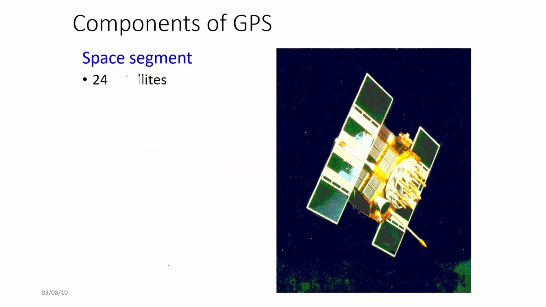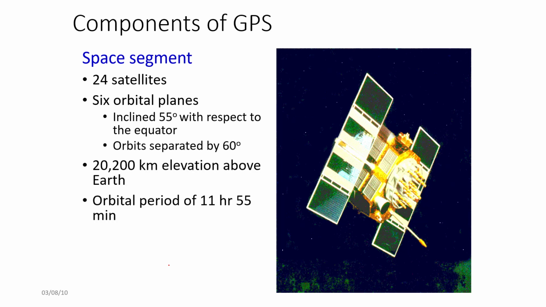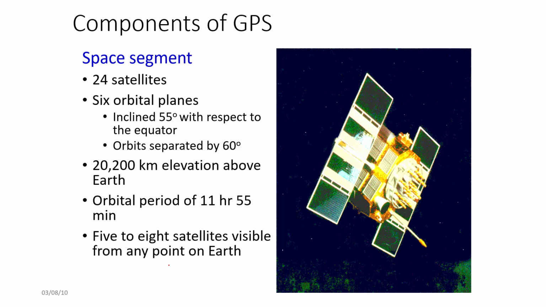So the components are like this, as we have discussed: the 24 satellites, and the orbital period was 11 hours and 55 minutes, around 12 hours. As I said, the geosynchronous orbit, where the orbital period is 24 hours, in the sense the satellite is directly above us, is roughly 36,000 kilometers from the center of the Earth. Here the orbital period is half of that.